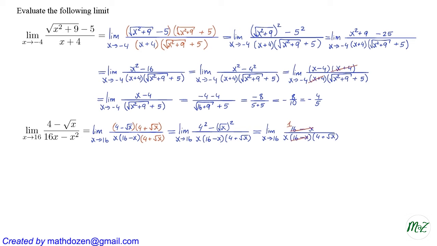So now we get to cancel 16 minus x, and we're looking at the limit as x approaches 16 of fraction 1 over x times 4 plus square root of x. And into this fraction we can easily plug in x equals 16 and avoid having division by 0 problem. So we end up having 1 over 16 times 4 plus 4, which is 1 over 128.